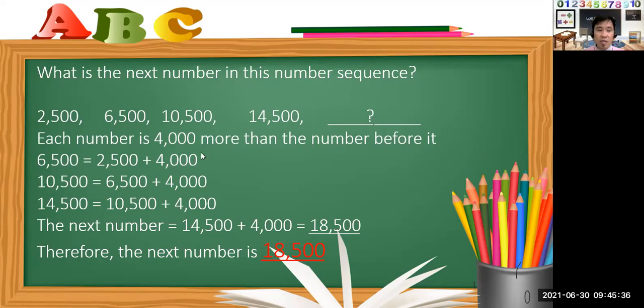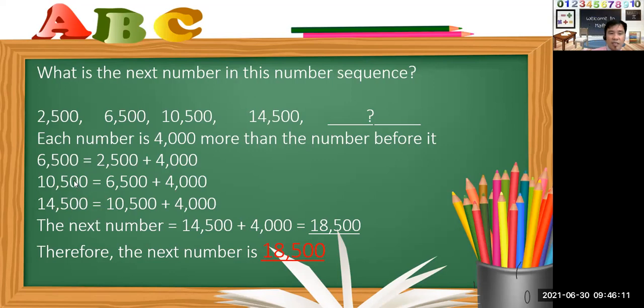That's the question. Each number here is more than the number before it. Before 6,500, the number is smaller, and the next number is more. So that means 6,500 minus 2,500 is plus 4,000. You can see it there in your book on page 15.